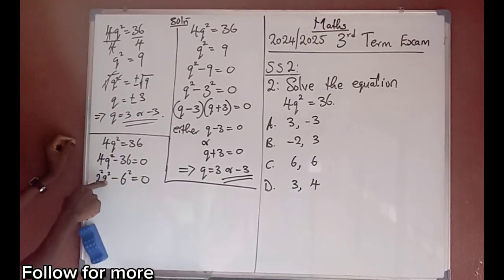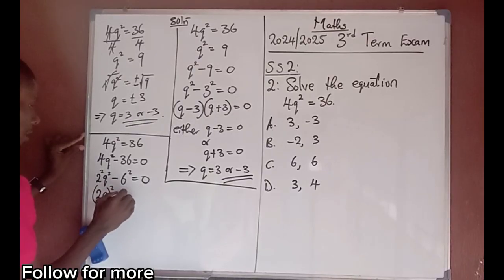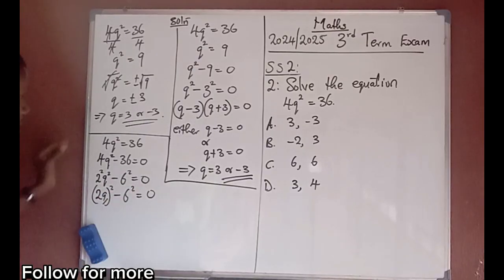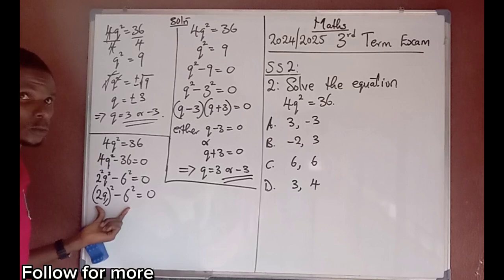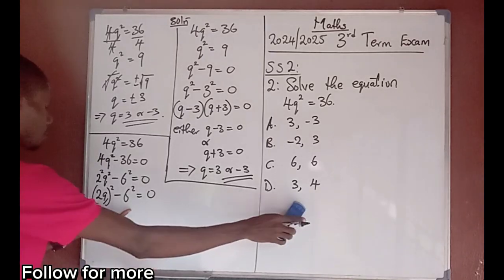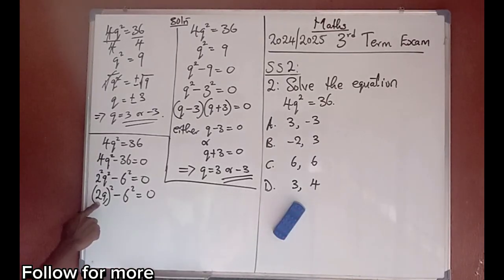So this 2 squared and this q squared, I can take one of that, which will be 2q all squared minus 6 squared equals 0. So this is purely difference of two squares. So let me pick this and this.